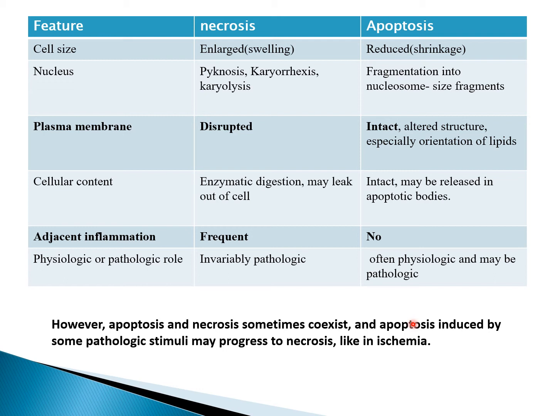But when the ischemia is overt and severe, the cells will die in very large numbers and will die by the process of necrosis. So maybe in certain cases of ischemia, we find both apoptotic and necrotic patterns of cell death.